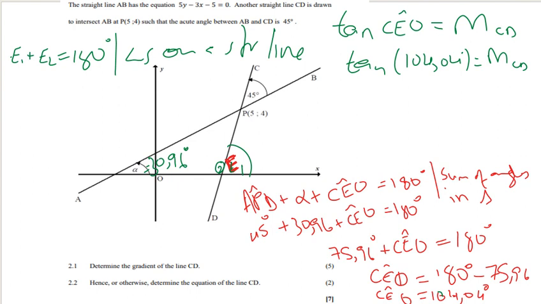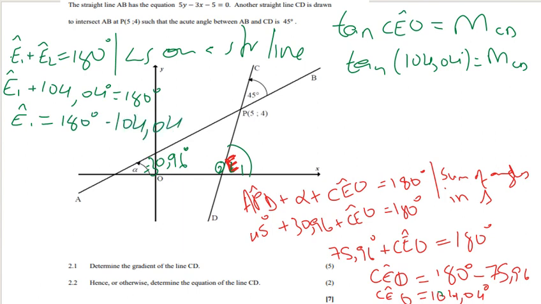So yeah, E2, we are looking for E1. E2 is 104.04 degrees, equal to 180 degrees. So E1 is equal to 180 degrees minus 104.04 degrees.